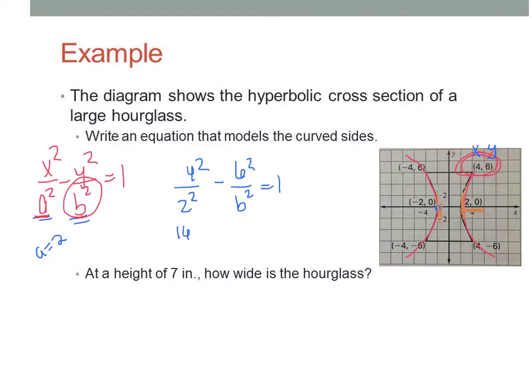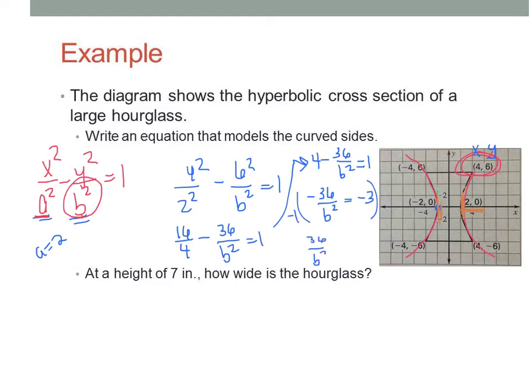So 16 over 4 minus 36 over b squared equals 1. So this is going to be 4 minus 36 over b squared equals 1. Subtract 4 from both sides. Negative 36 over b squared equals negative 3. I'm going to multiply each side by negative 1. So 36 over b squared equals 3.